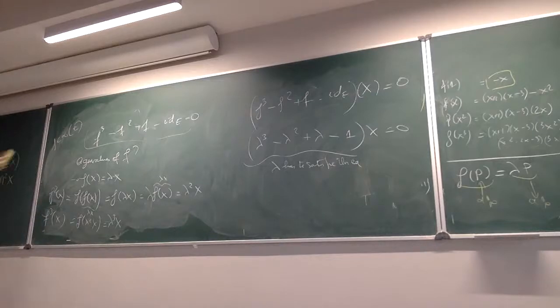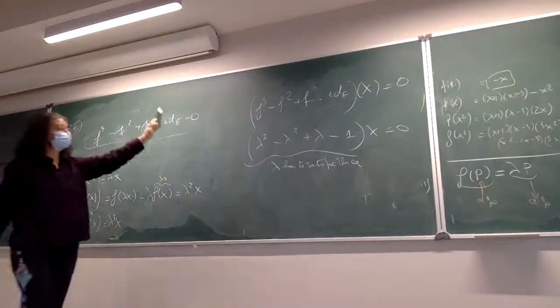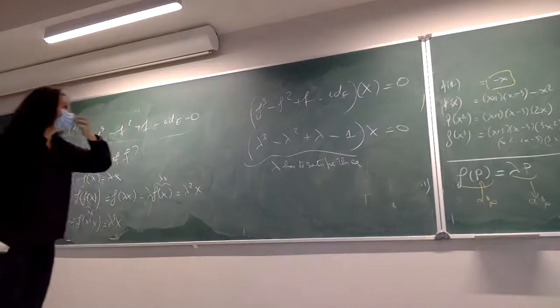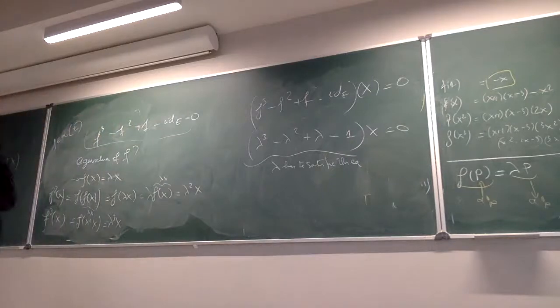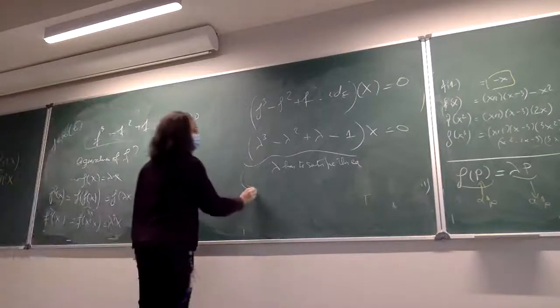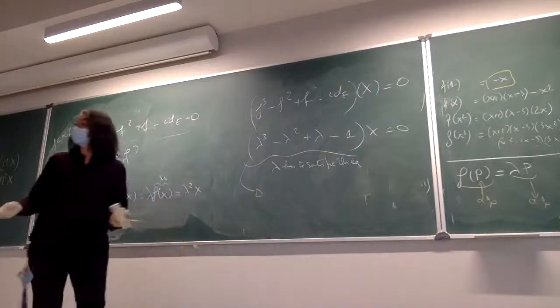Okay, so if I have a map that satisfies this, then it means that if it has some eigenvalues, it satisfies that equation. Obvious root to this equation: 1. Okay. So when you've got an obvious root, what can you do? You factor with it.